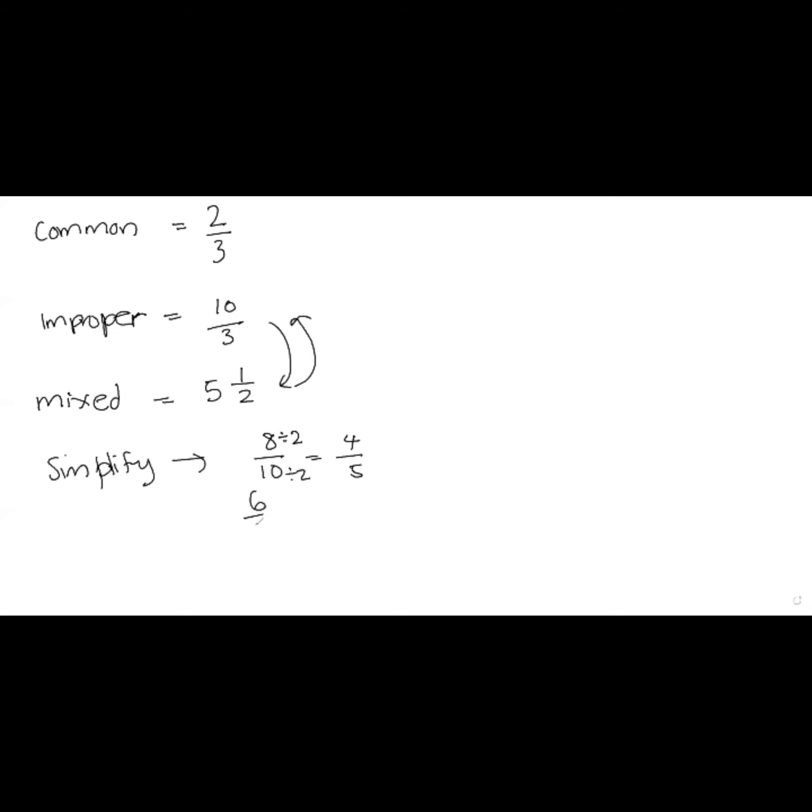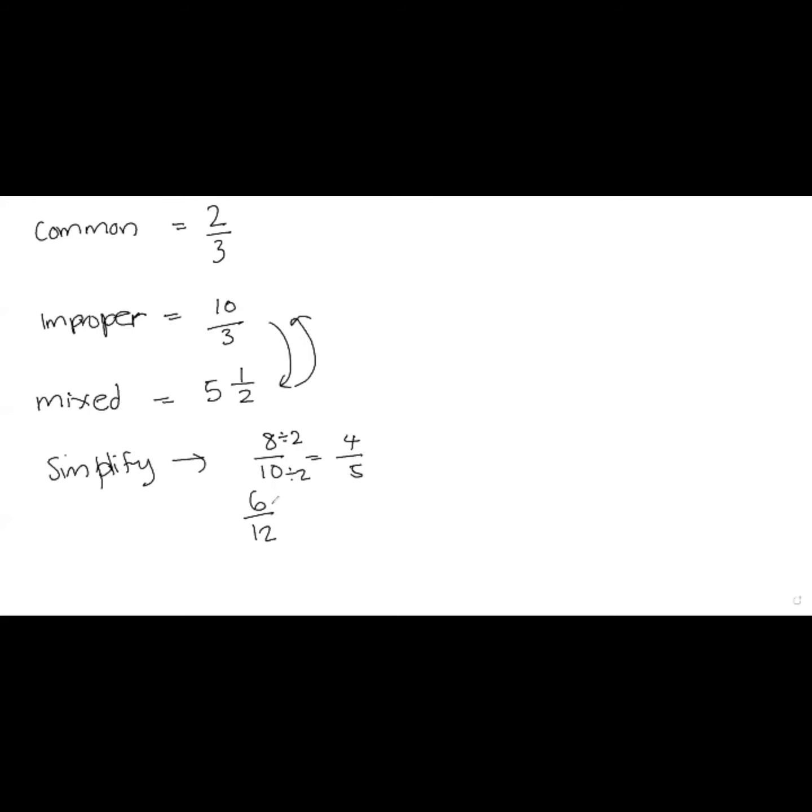6 over 12. We can divide this by 2. We can divide it by 3. And we can also divide it by 6. So when we're dividing, we need to find the biggest number that's possible that we can divide by. That will give it to its simplest form. This is very important. So here we only had one option to divide by 2.